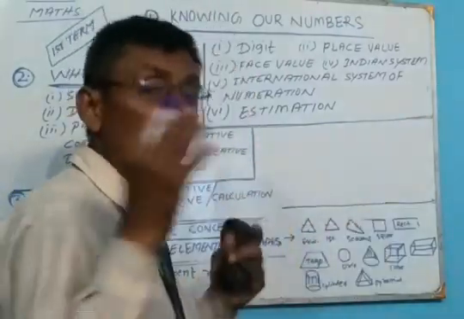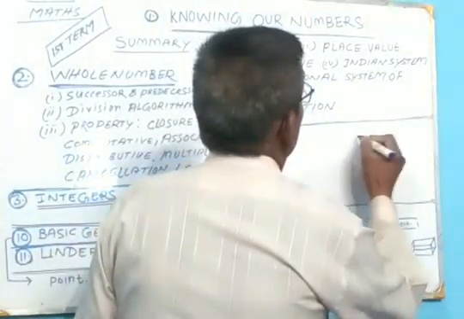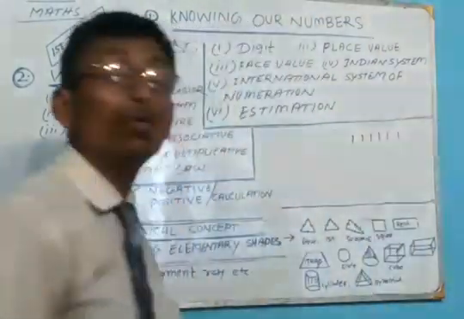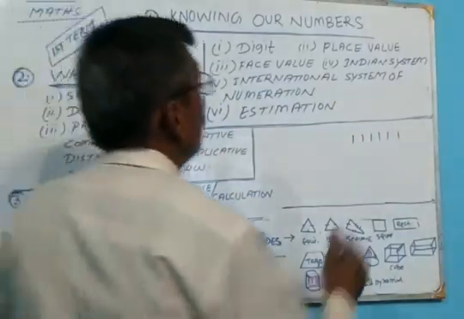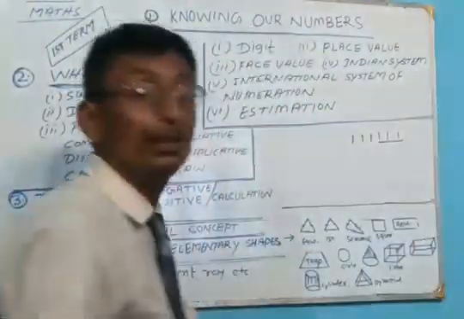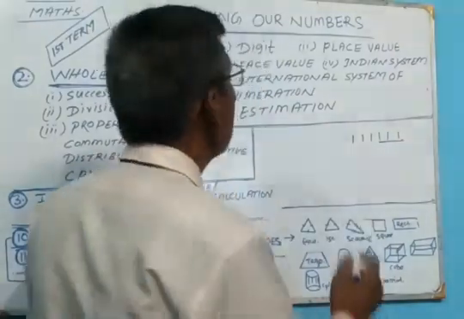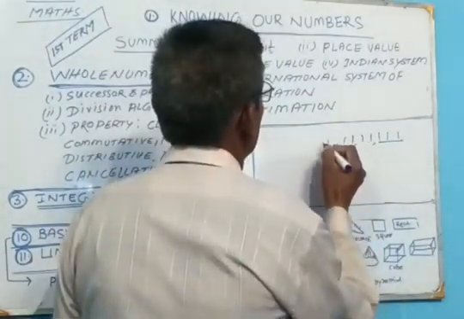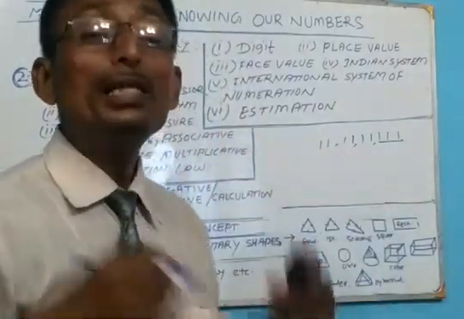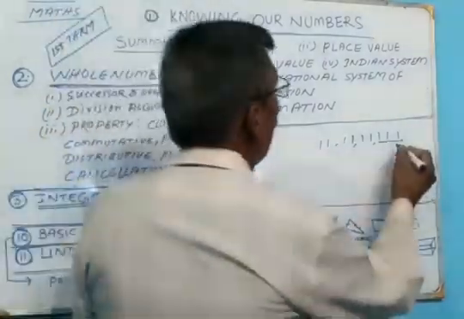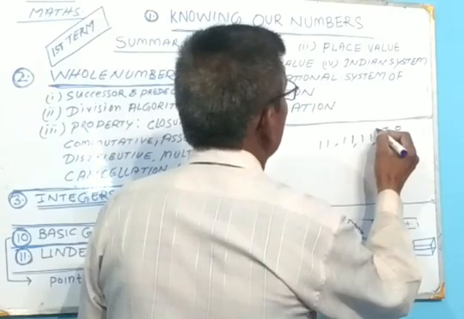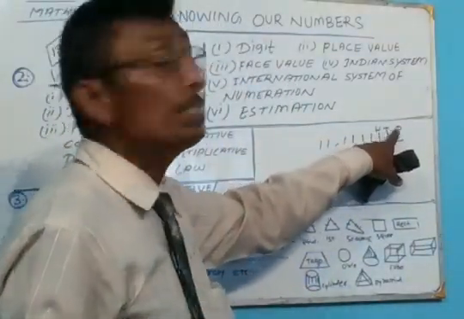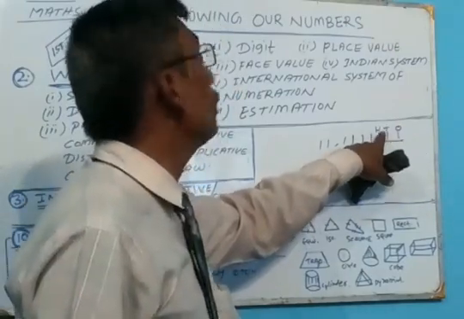Suppose that you have the number 111. Here it is in the Indian system. Its value is 1. Its value is 10, and its value is 100.